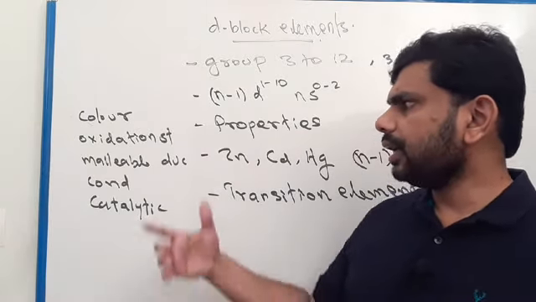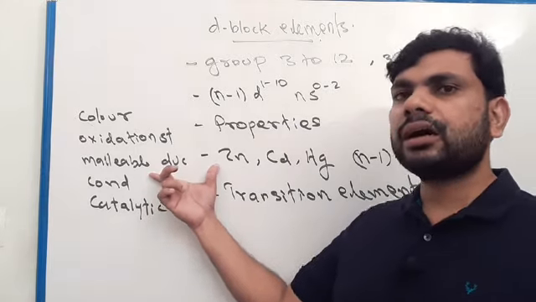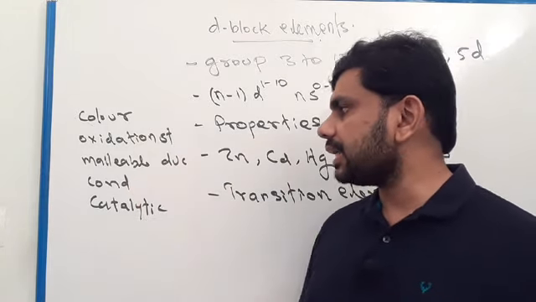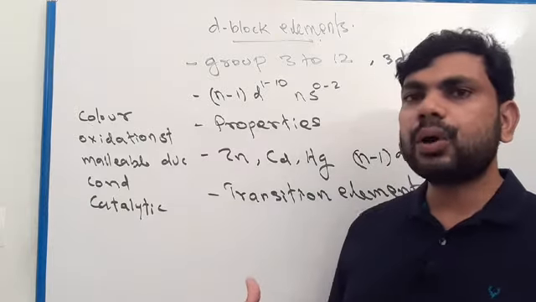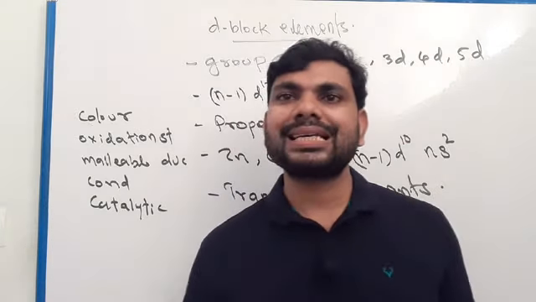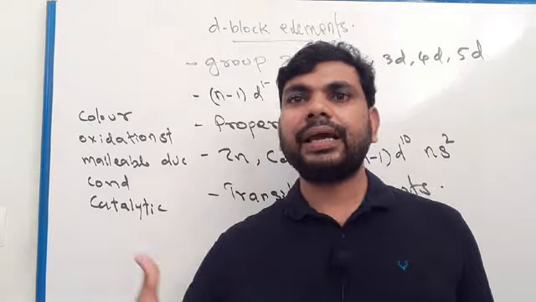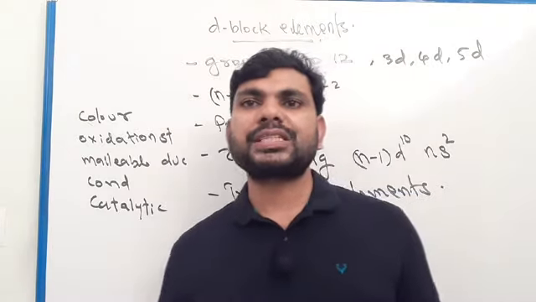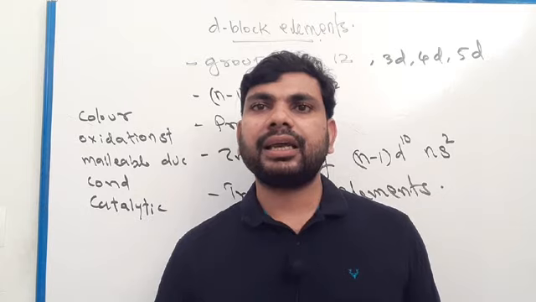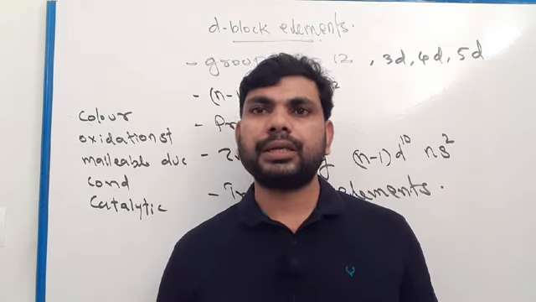And we discussed that D block elements are malleable and ductile, and good conductors of electricity and heat. D block elements or their compounds are also used as catalysts. For example, in the Haber process, the production of ammonia, iron is used as a catalyst; iron is a transition metal, a D block element.